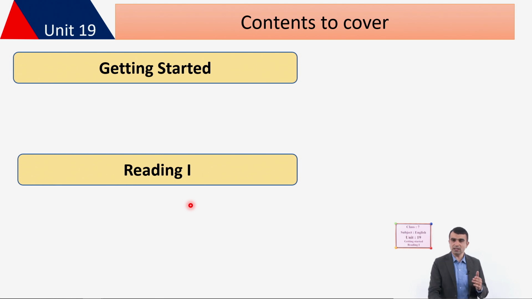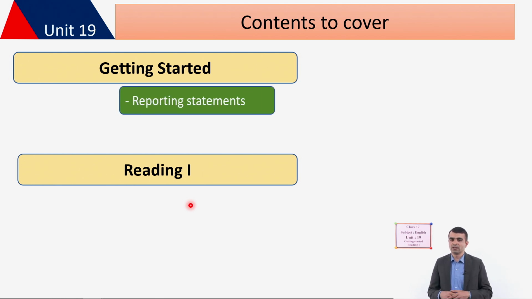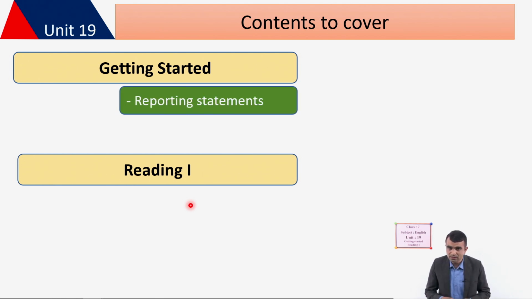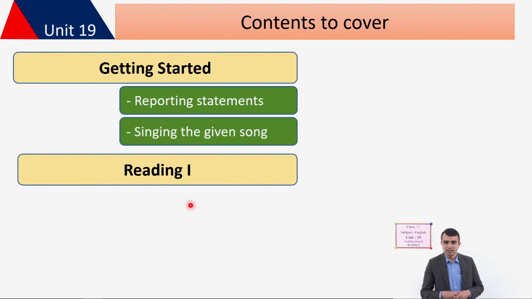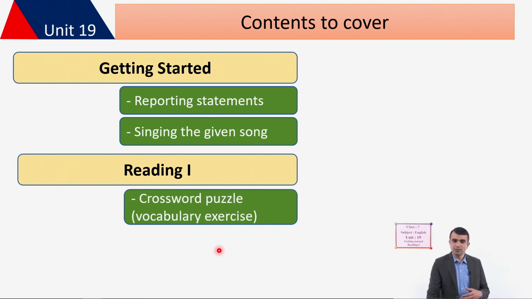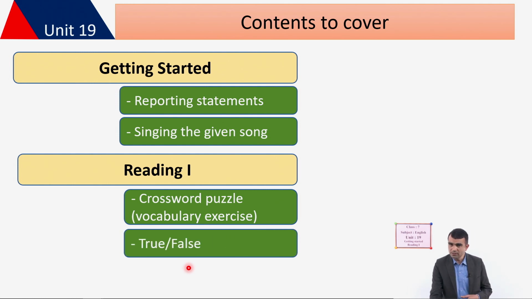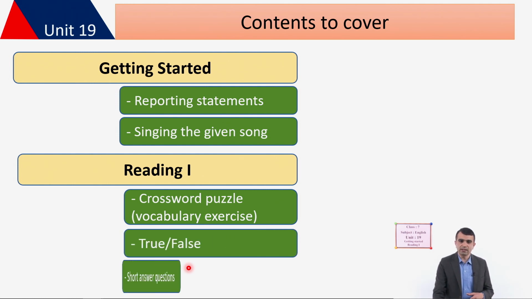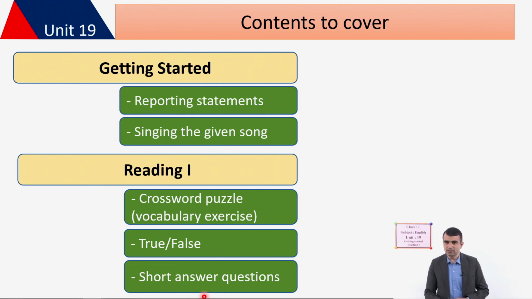And under getting started, what is there? One, reporting statements that is given in the beginning, and then singing the given song. And then in reading one, after reading we will do crossword puzzle, that is vocabulary exercise, similarly true false, and then finally short answer questions.